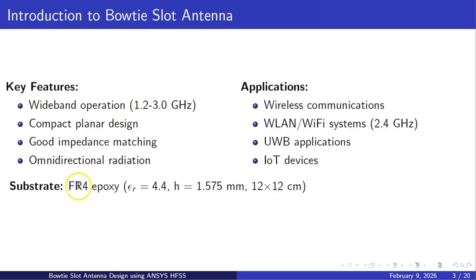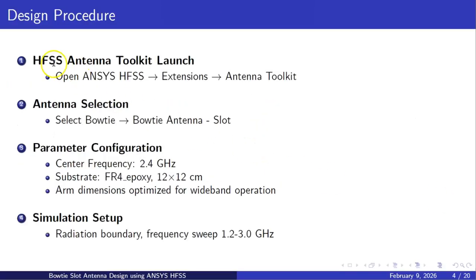We designed it on FR4 Epoxy substrate with a dielectric constant of 4.4, thickness of 1.575 mm, and a 12 by 12 cm ground plane. Our design procedure consisted of four main parts. First, we launched the HFSS Antenna Toolkit from ANSYS HFSS extensions menu. Second, we selected the Bowtie antenna slot option from antenna library.